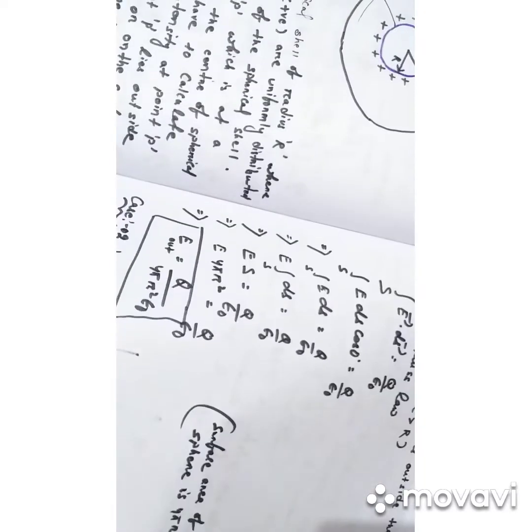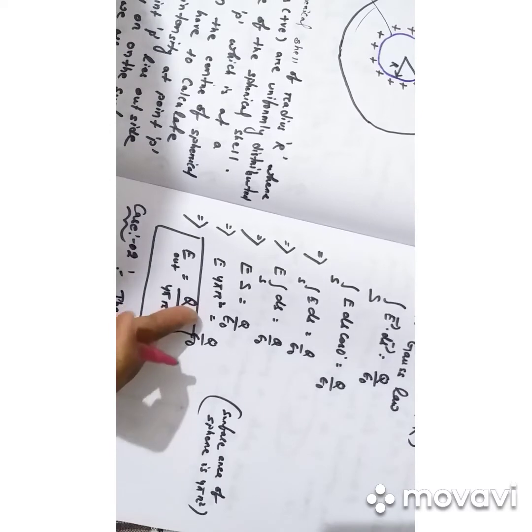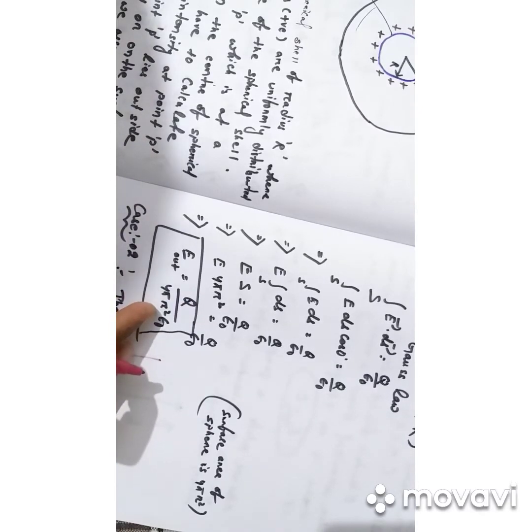And outside this spherical shell, it can be represented as Q by 4 pi r square into epsilon naught. So here in that case, r is represented like that.